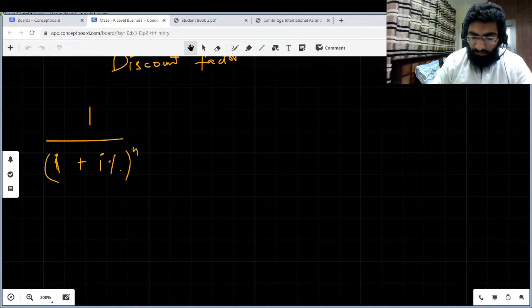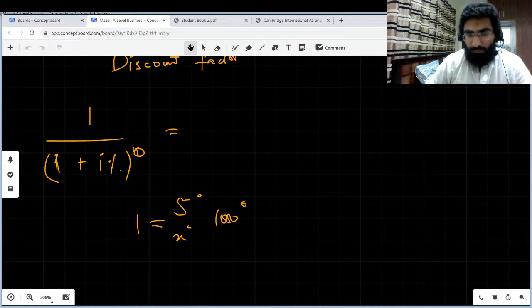If the number of periods is 0, anything raised to the power 0, 5 raised to the power 0, x raised to the power 0, 1000 raised to the power 0, is always equal to 1.